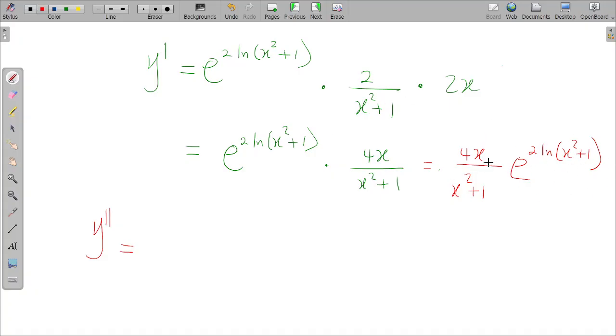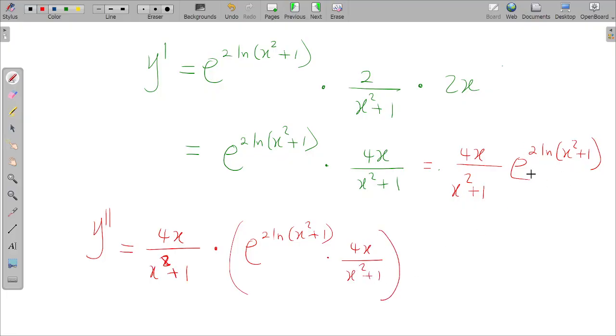The differentiation of this is exactly what we have here. So I hold on to this, which is e to the 2 ln(x squared plus 1), then differentiate the other one: e to the 2 ln(x squared plus 1) multiplied by 4x over x squared plus 1. That's the derivative of this one.